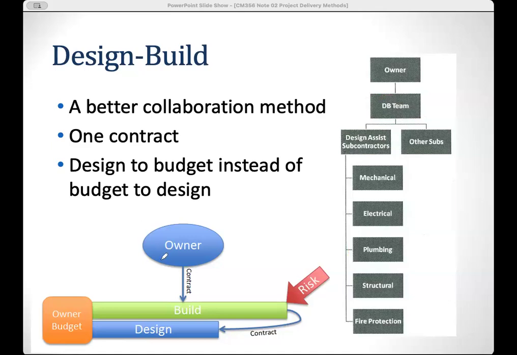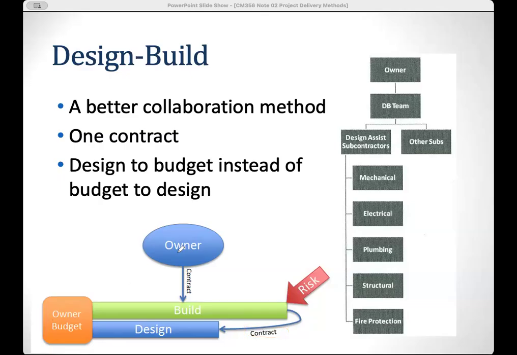So the owner has one contract with the DB team, and the builder has its own designer team, or if not, then they have a design team selected by the contract, right?